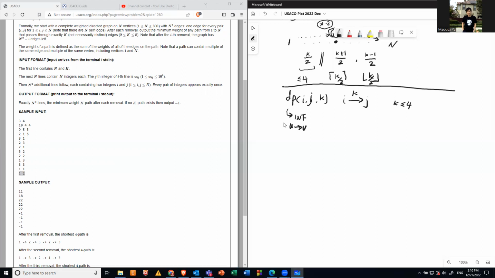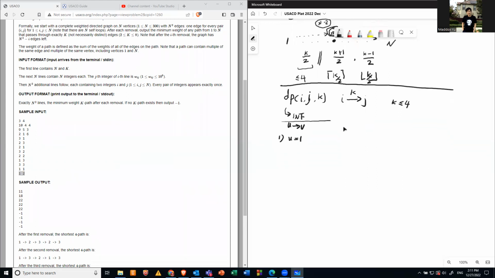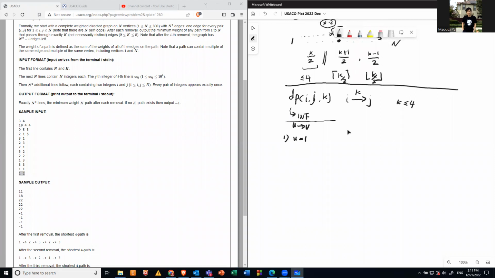Every time I add an edge from u to v, how do I update this? Let's say if u is 1, in the first case. When I calculate from 1 to m, obviously I just need to refresh everything.